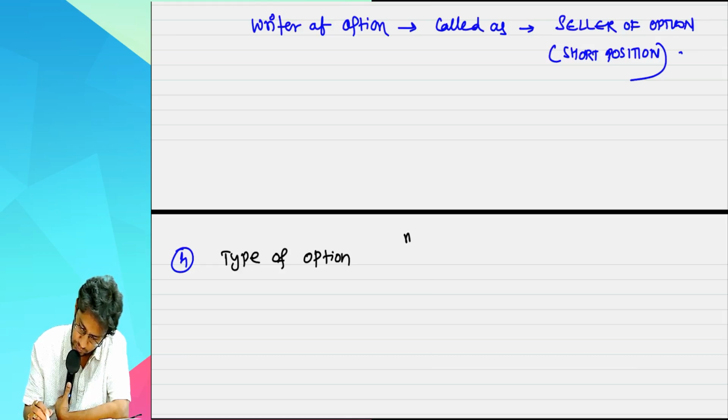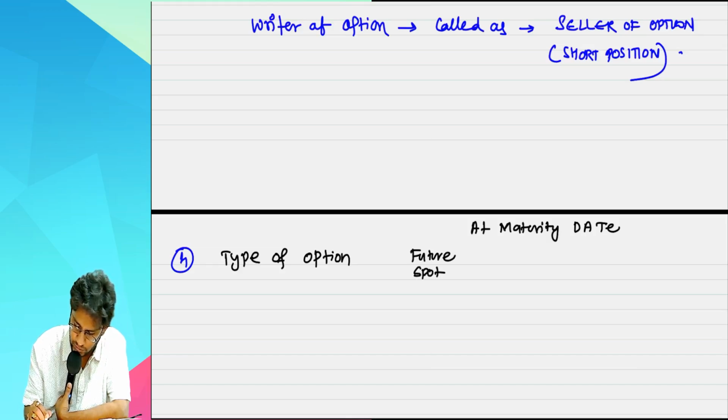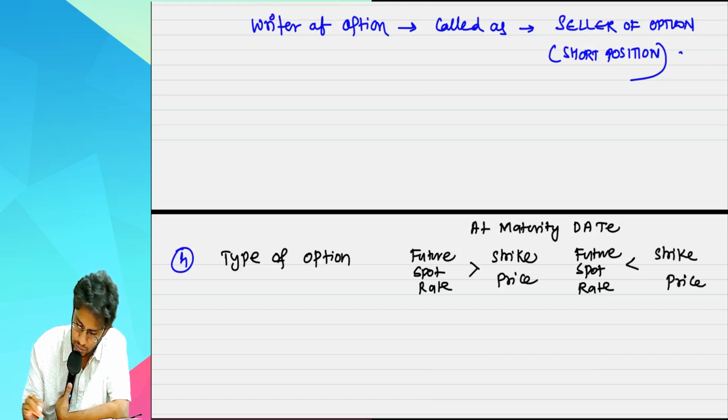So at maturity date, spot price, or let me write it like this, future spot rate greater than strike price. Another case, future spot rate less than strike price. Copy the table.